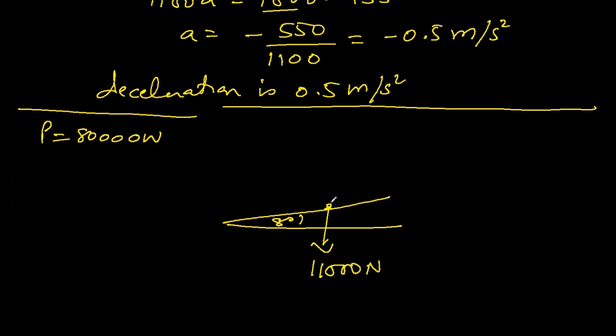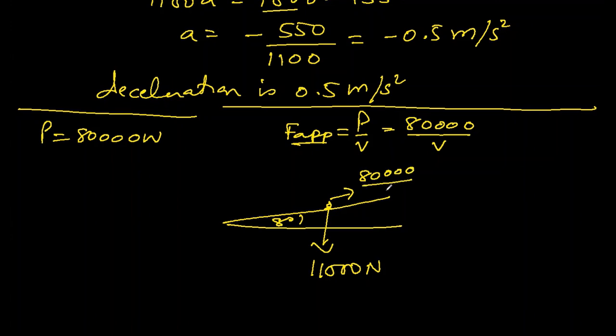Okay, and force applied equal to power over speed. That's what we got in the previous part, right? Power is 80,000. Speed is not known to us, so we'll write V. So the force which is being applied upwards is 80,000 over V.